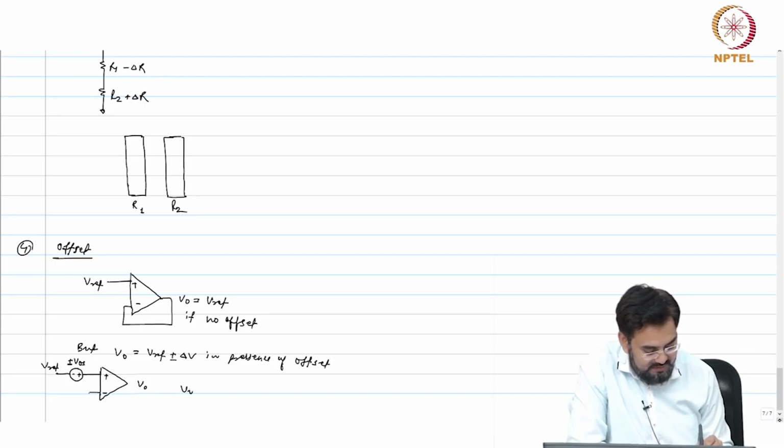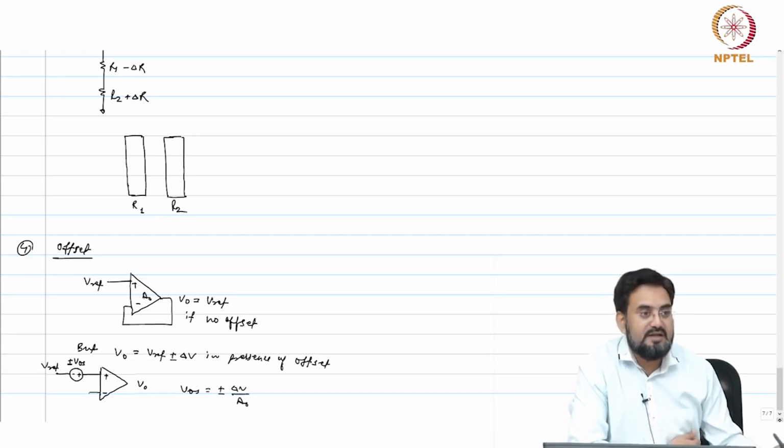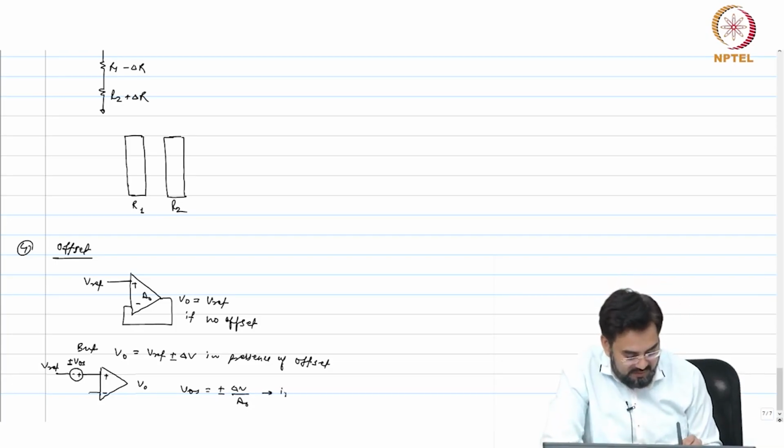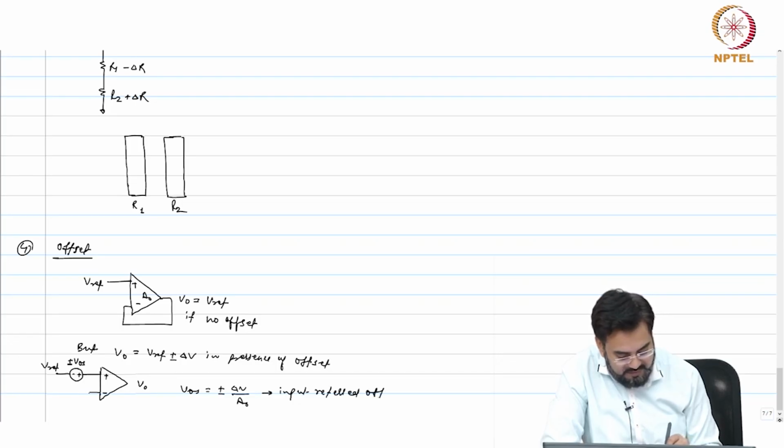VOS equals plus minus delta V over whatever gain is here, okay. So that becomes input referred, this is called input referred offset.